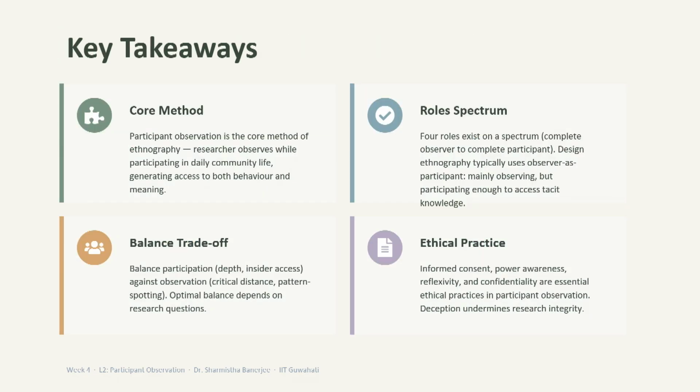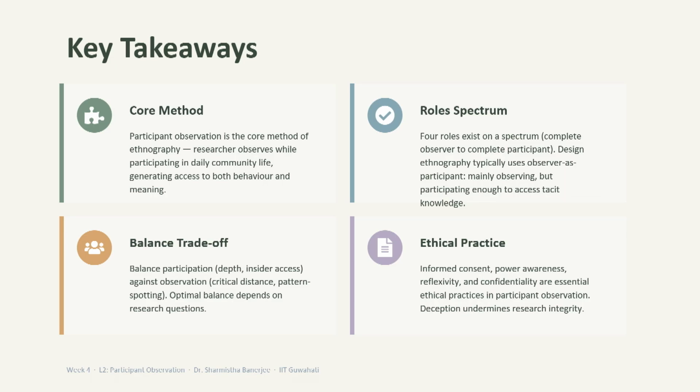So from this particular case study and understanding how participant observation works, we have the following key takeaways. Participant observation is the core method of ethnography. The researcher observes while participating in daily community life, generating access to both behavior and meaning. There is a role spectrum within which the researcher can work, from complete observer to complete participant.